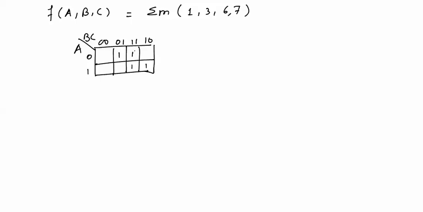Now there will be one pair here, one pair here, and one pair here. All the four 1s are covered. Now when we write the expression for this, F will be equal to A bar C plus A B plus, for this one, B C. This is the expression.